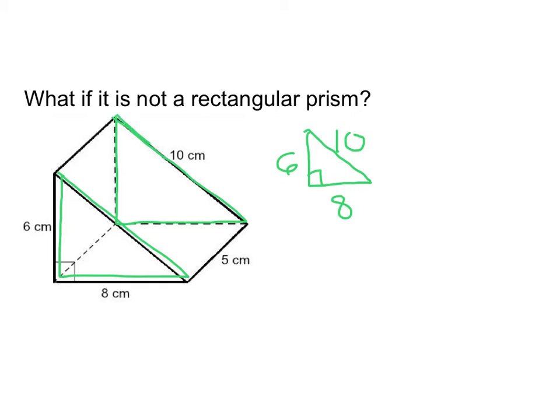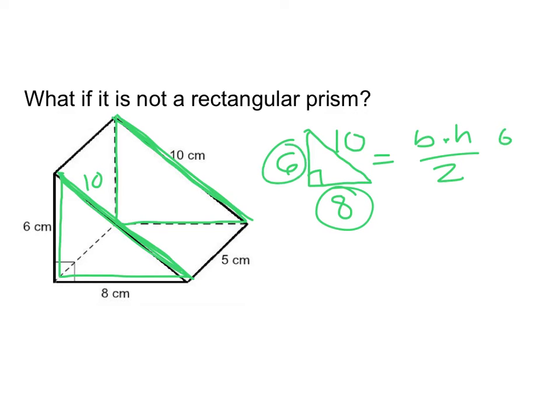I can tell that because of the 10 over here, which means this one must also be 10 here. So now I need to find the area of that triangle. I'm going to do base times height divided by 2. So that's 8 by 6 divided by 2, which gives me 24. So that means I have 2 triangles with an area of 24.